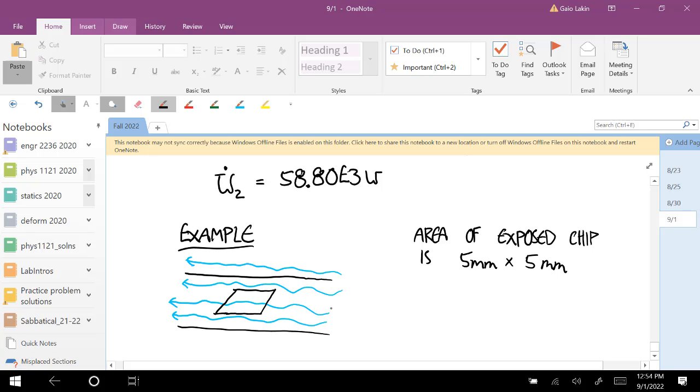This coolant is taking energy away from the chip by convection again. And we know that h is 150, in SI units, watts per meter squared Kelvin.